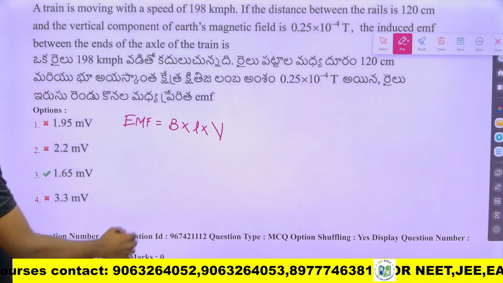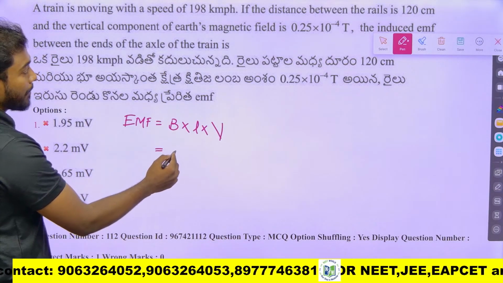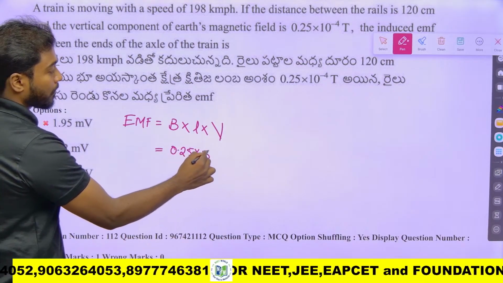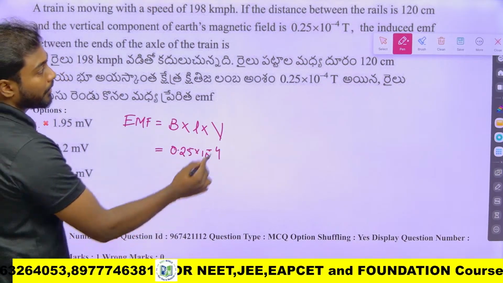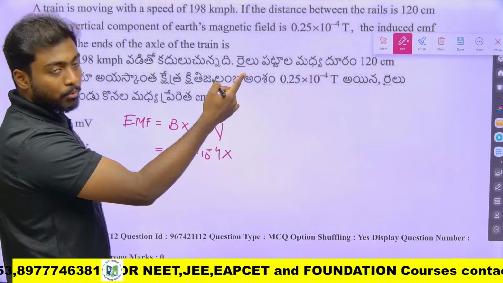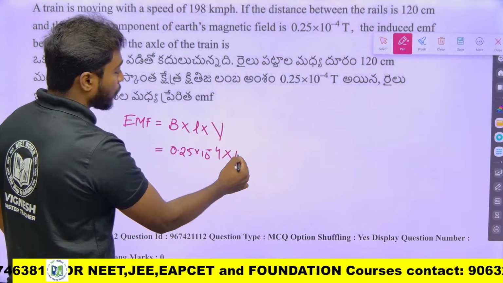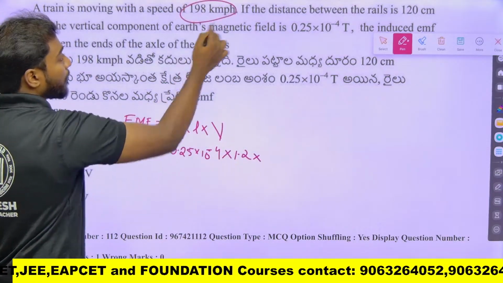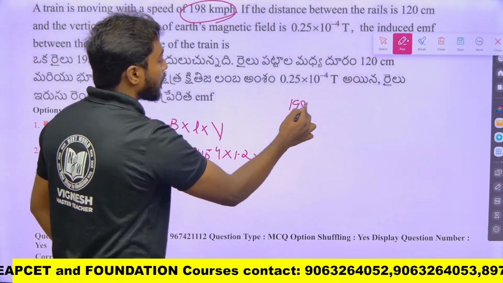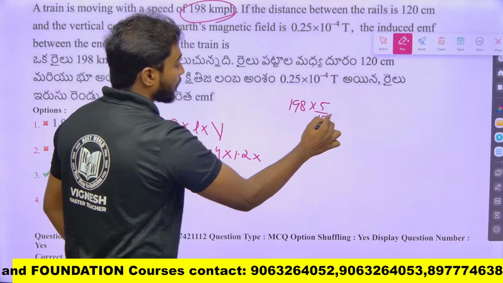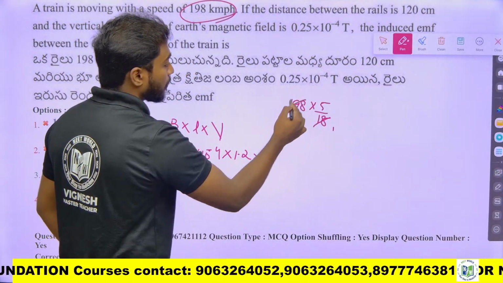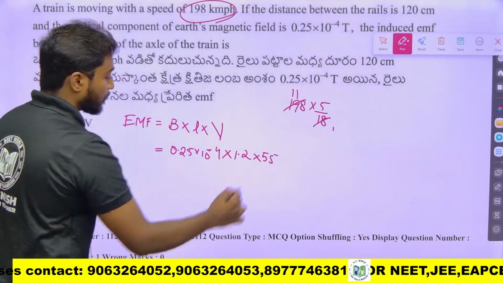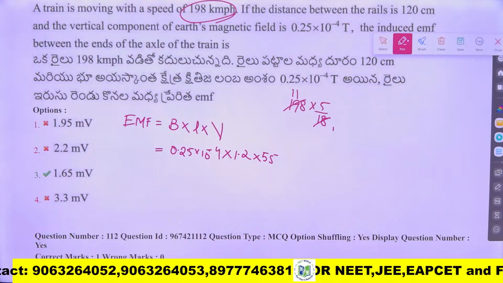B is given, the magnetic field, 0.25 into 10 power minus 4, and the length is 120 centimeter, change it into meter, so it is 1.2 meter. The speed is given in kilometer per hour, so 198 into 5 by 18 for meter per second, that is 11 times 5, into 55, am I correct?